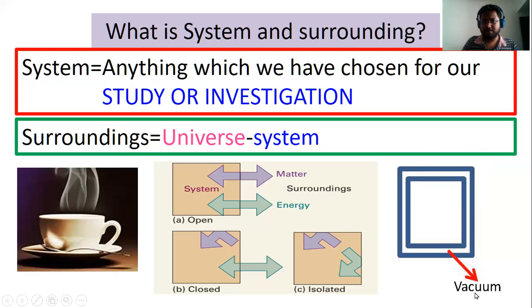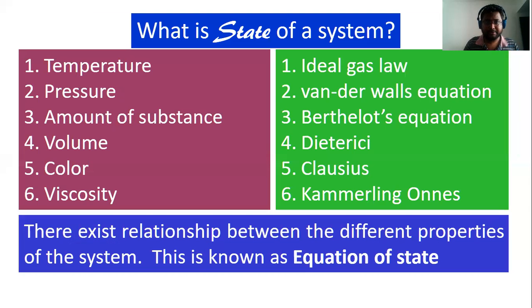Although 100% vacuum is impossible, some molecules will be there, and those molecules transfer the heat. That's why it is slow, because the number of molecules is less. So this is about the system and the surrounding, and the three types of system I said: open system, closed system, isolated system. We are ready to move to our main topic.